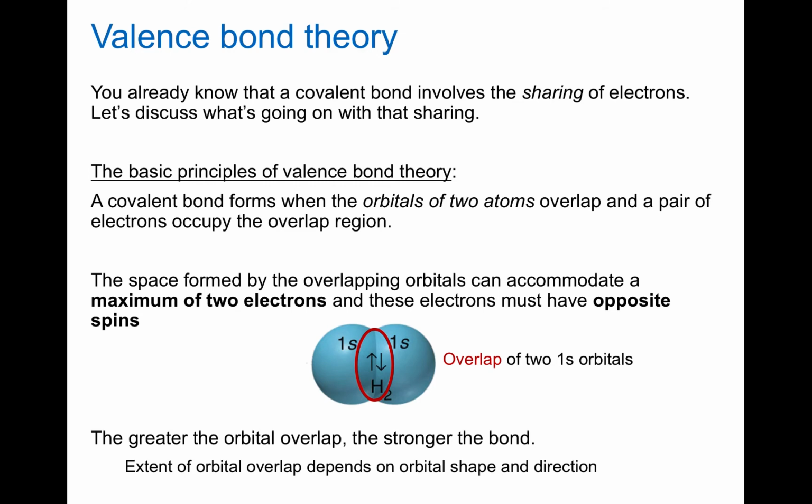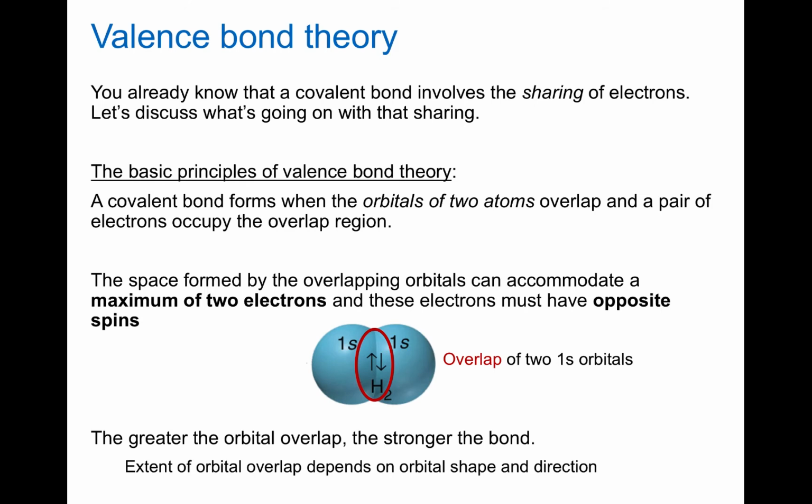We know that a covalent bond is going to form when the orbitals of 2 atoms overlap with one another, and then the pair of electrons that they're sharing is going to occupy that overlapping region. We can put a maximum of 2 electrons in the overlapping orbital region, and these electrons also have to have opposite spin.